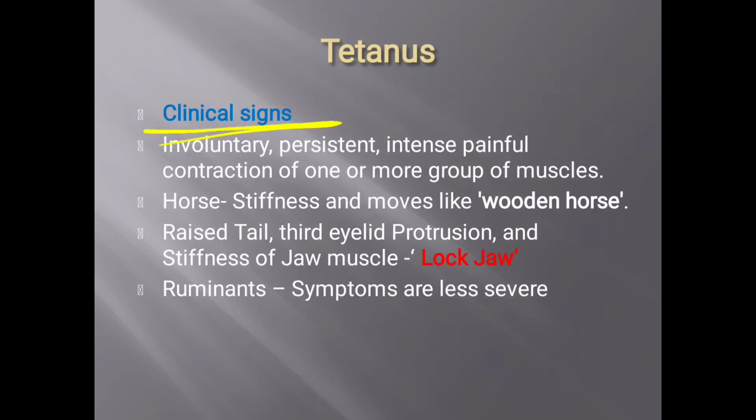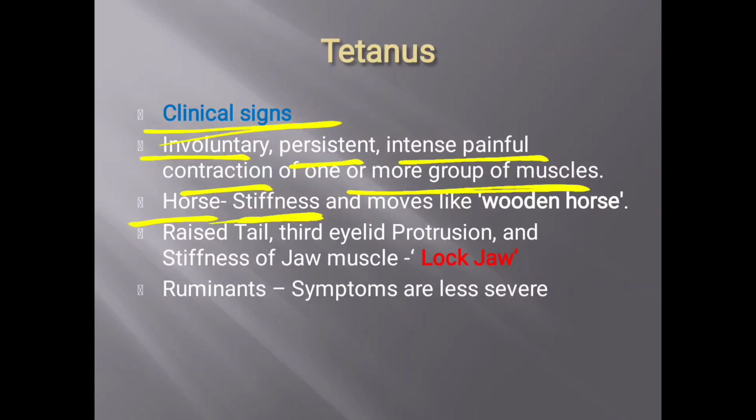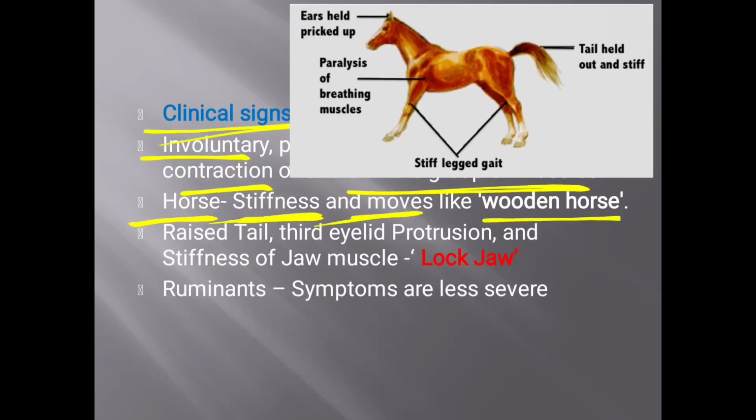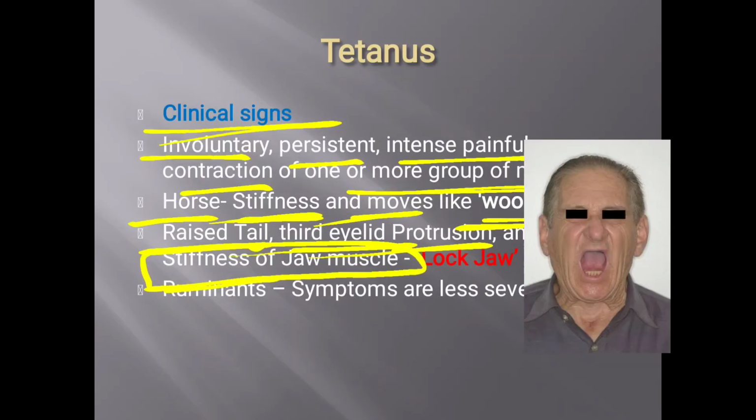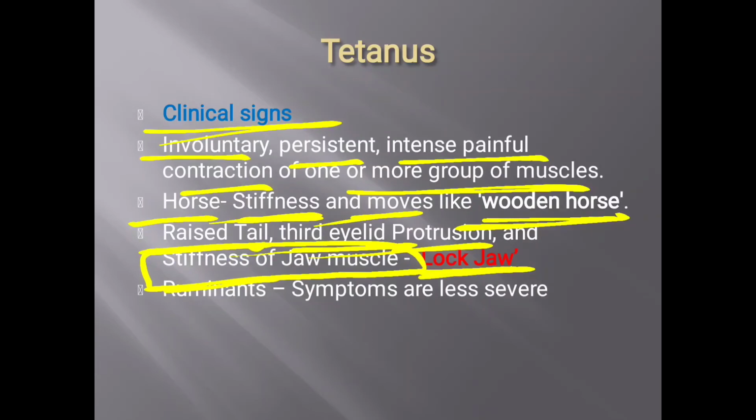The clinical signs are involuntary, persistent, intense painful contraction of muscles, and in the case of the horse, the whole body muscles get stiff and the horse moves like a wooden horse. In some animals, there is a raised tail, third eyelid protrusion, and stiffness of jaw muscles, which leads to the lockjaw condition in tetanus.